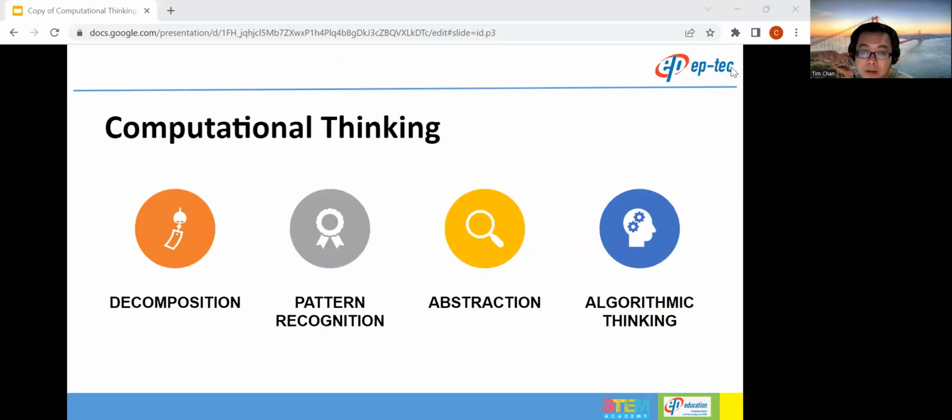This slide shows what computational thinking actually consists of. There are 4 steps. Number 1, decomposition. What is decomposition? It is about breaking a complex problem into manageable sub-problems. In summary, think of decomposition as breaking things down into simpler parts.